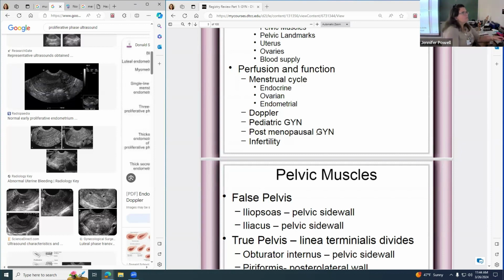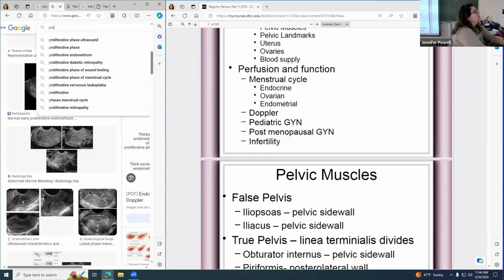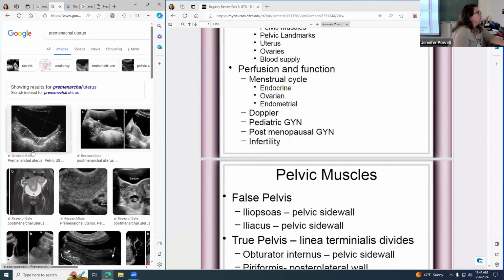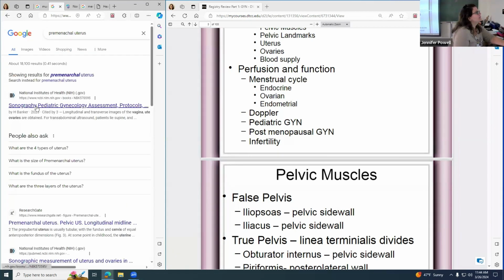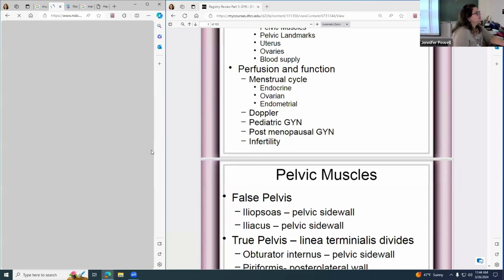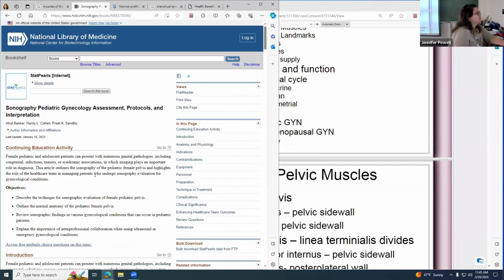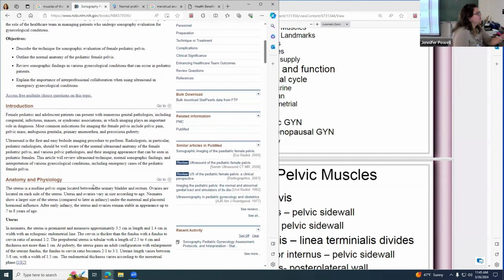So pre-pubertal, or pre-menarche is really the terminology, premenarchal uterus is going to have... sorry, I was hoping that it would give us an image.